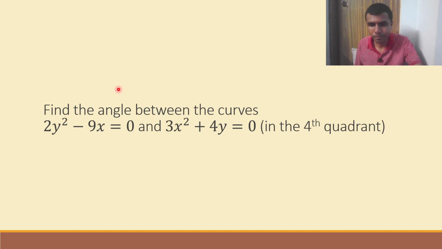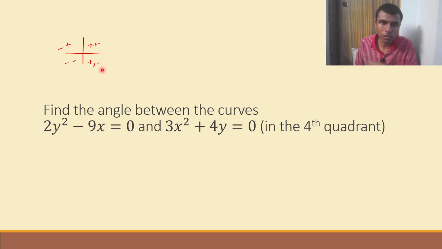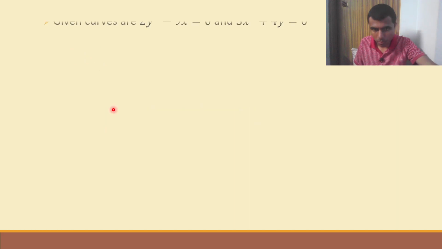Fourth quadrant means in the first quadrant plus plus, in the second quadrant minus plus, third quadrant minus minus, in the fourth quadrant this would be plus comma minus. So y should be negative in the fourth quadrant. So y is negative when y equal to minus 3, only that case we have to consider. Y equal to 0, you don't have to do it.